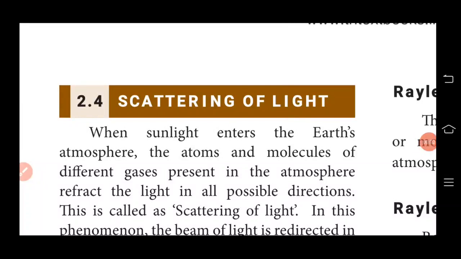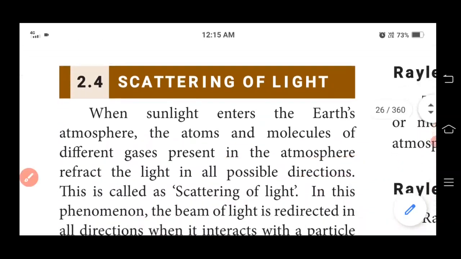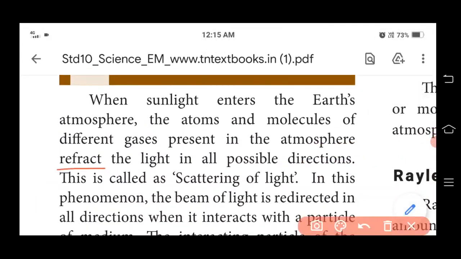Students, our next topic is scattering of light. When sunlight enters the Earth's atmosphere, very important, the atoms and molecules of different gases present in the atmosphere refract the light in all possible directions.